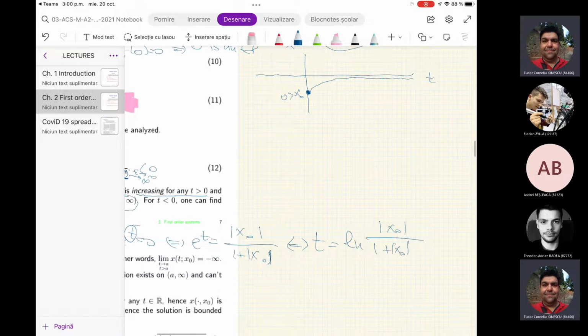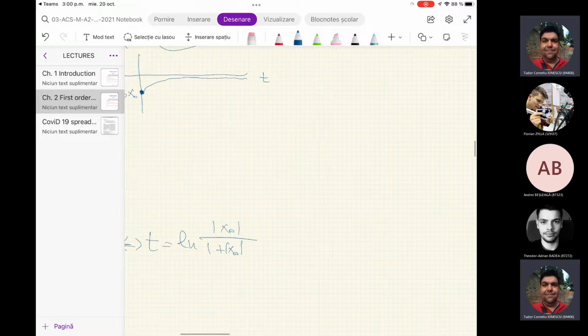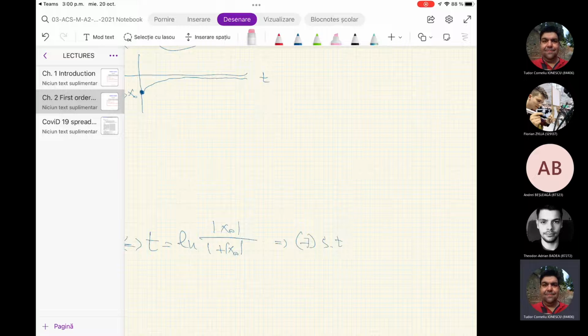Wow. So there exists t such that x is going to plus or minus infinity.